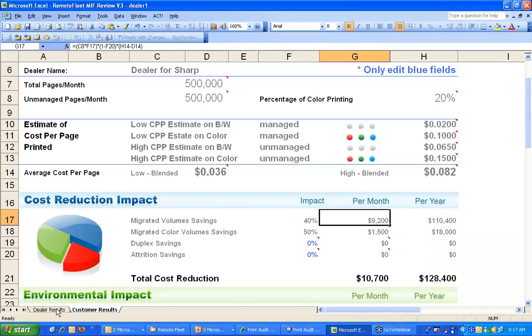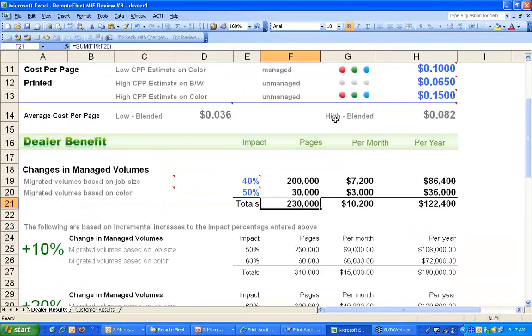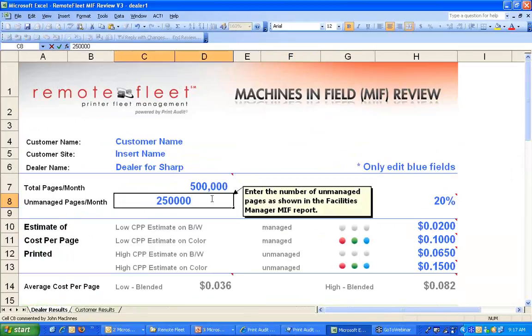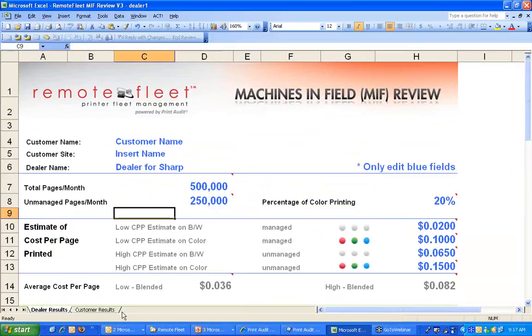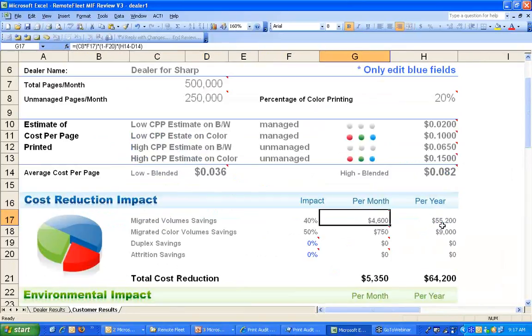Let's take that number back down to where we started, and let's assume that they do have some multifunction devices already, and you are getting half of the volume on those low-cost devices now. What's the result then? Well, we're still saving the customer $4,600 a month as a result of this migration strategy.